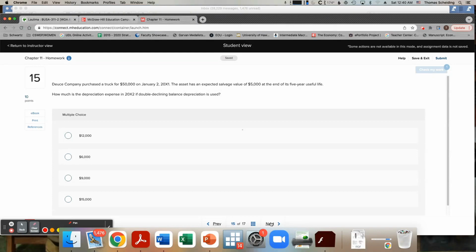We're going to be looking at this from a double declining balance depreciation. So let's see, 5 years: 20x1, 20x2, 20x3, 20x4, 20x5. So we've got our 5 years there.